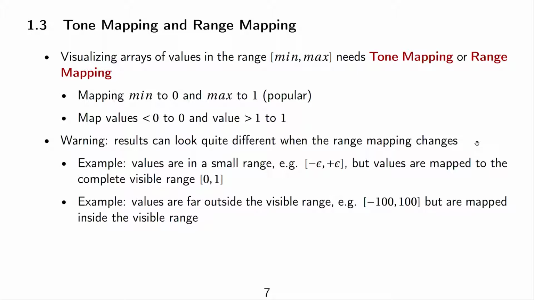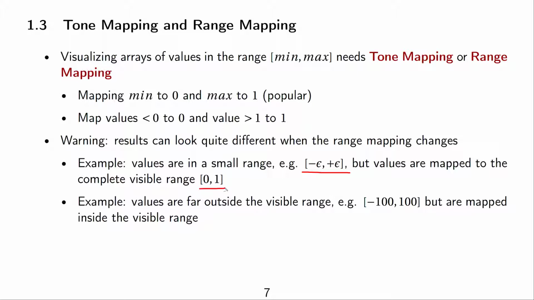So the warning is that the results can look very different when the range mapping changes. So let's say the values are in a small range from -epsilon to +epsilon, but the values are mapped to the complete visible range from 0 to 1.